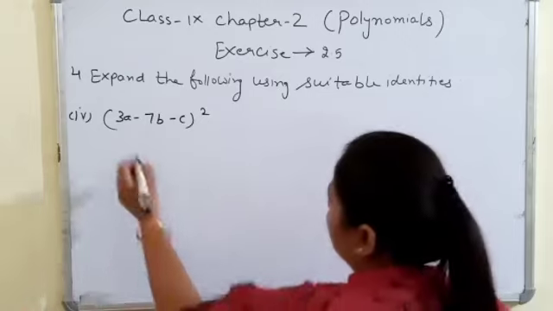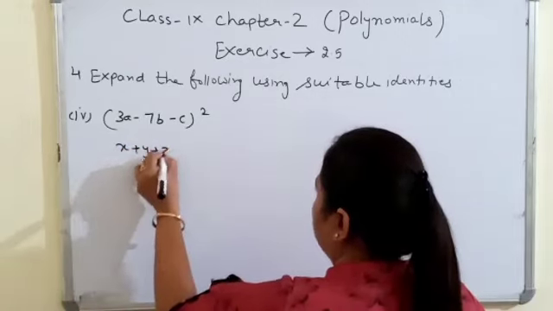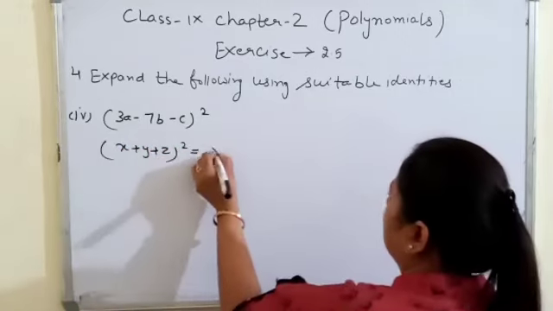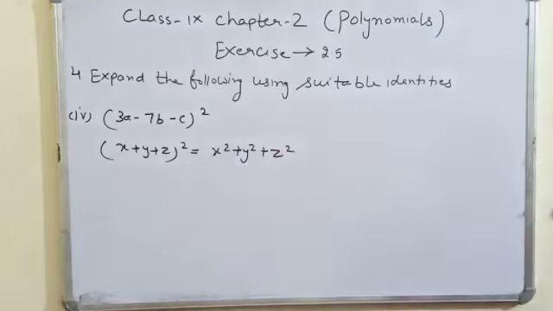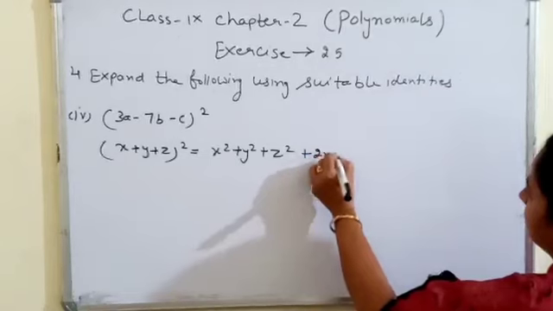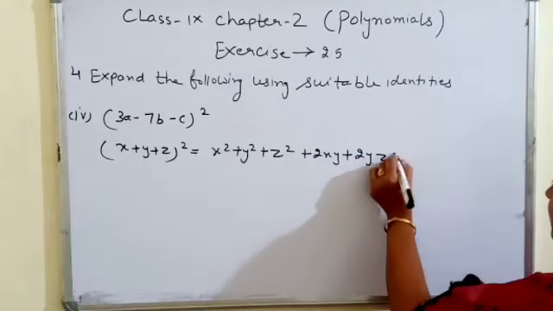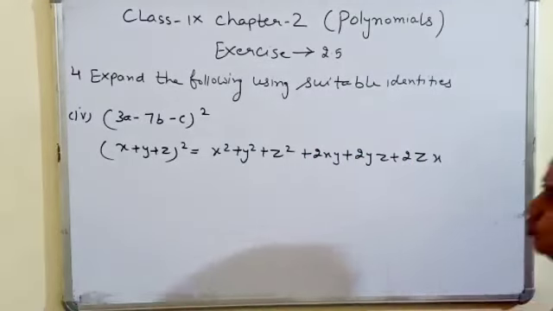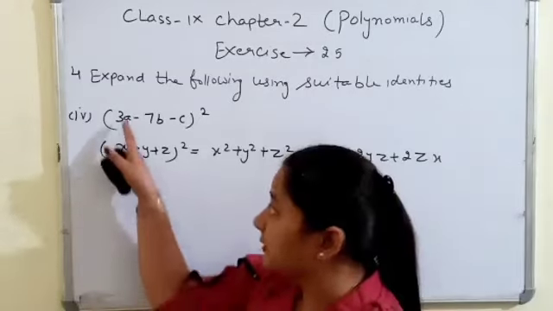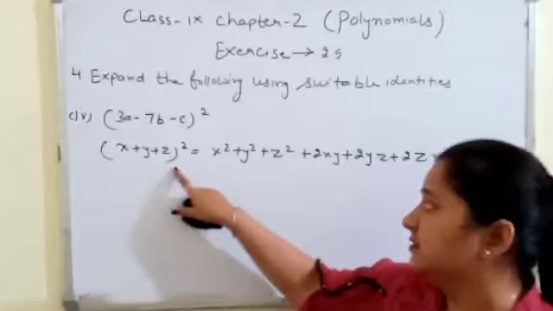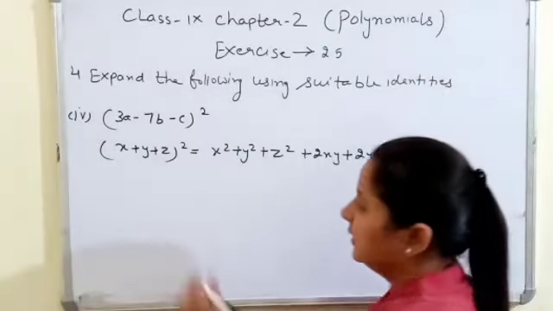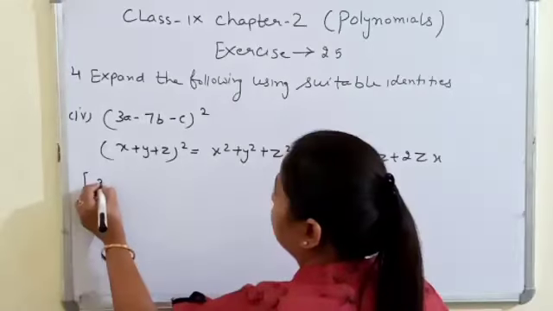So let's write the identity in the form of xyz: x square plus y square plus z square plus 2xy, 2yz, 2zx. So what is x here? That is 3a. What is y? That is minus 7b, and what is z? That is minus c.